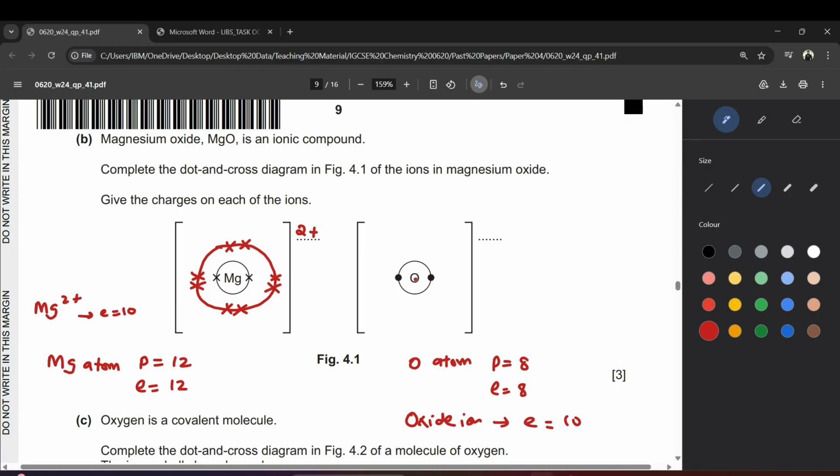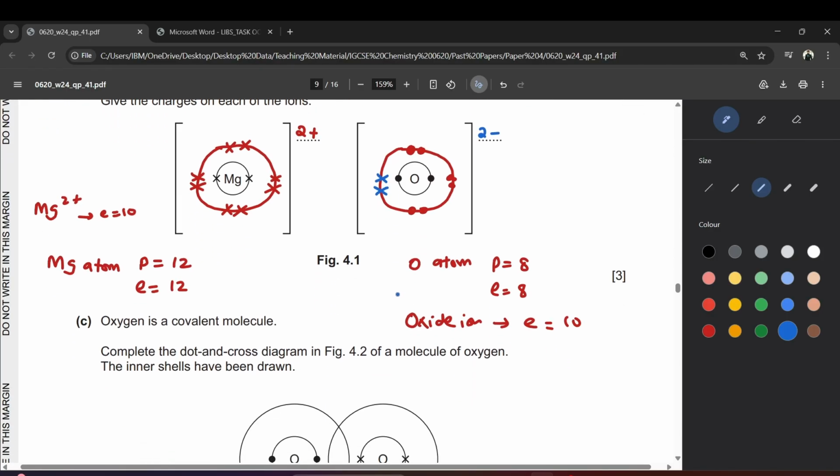Now 2 of these electrons are already here, but you have to be careful. Oxygen has 8 electrons of its own: 1, 2, 3, 4, 5, 6, 7, and 8. These electrons are of oxygen. Then the electrons which were lost by magnesium have now been gained over here. Now this is the complete structure of the oxide ion, and the charge on it will be 2 negative.